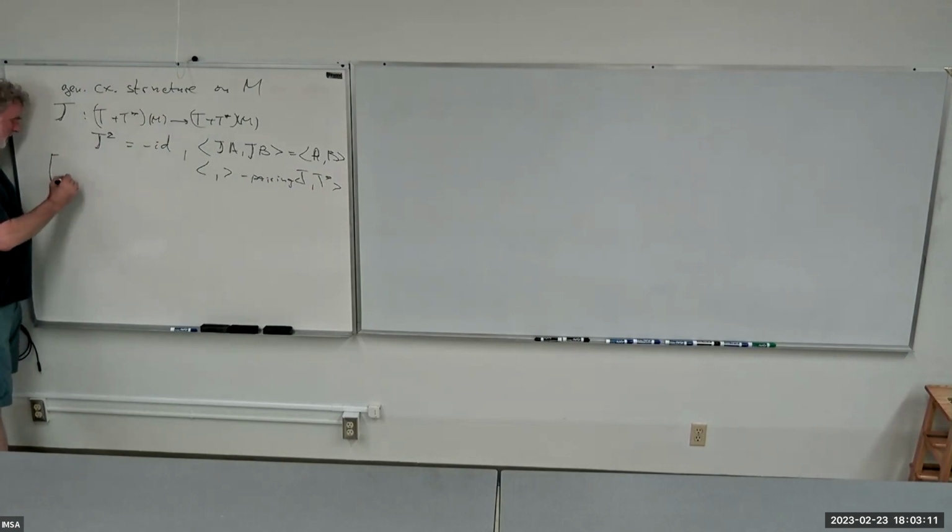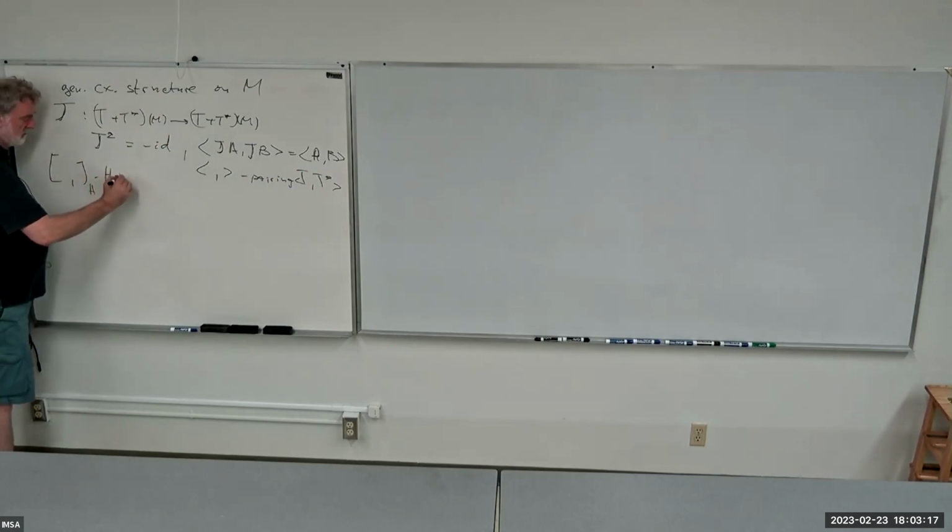And there is this bracket, which I will not introduce again, which is the H-twisted, let's say Courant or Dorfman bracket.